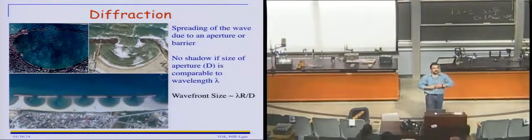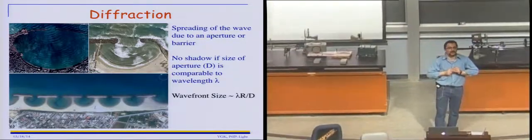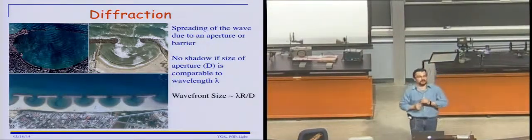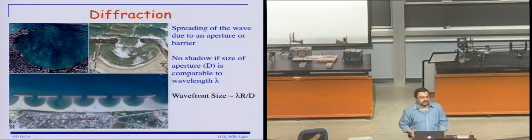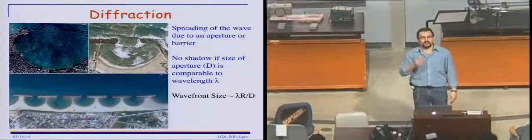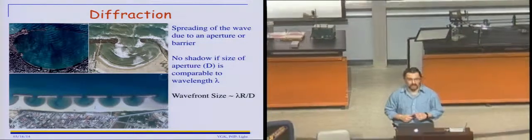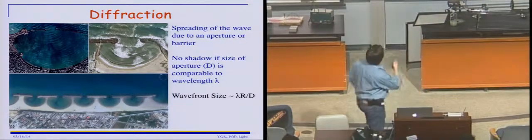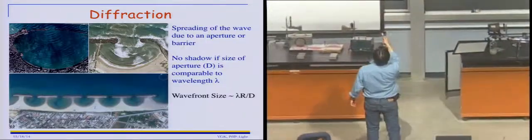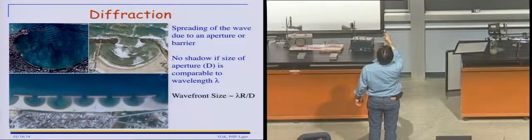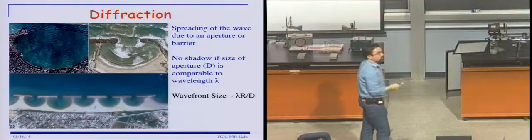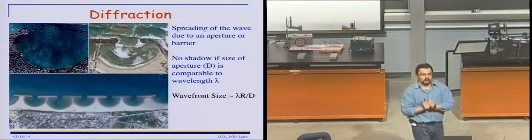Another wave phenomenon that is important for visible light, as well as for sounds and also waves on the surface, is called diffraction. This diffraction is the phenomenon that describes waves propagating through a small aperture.